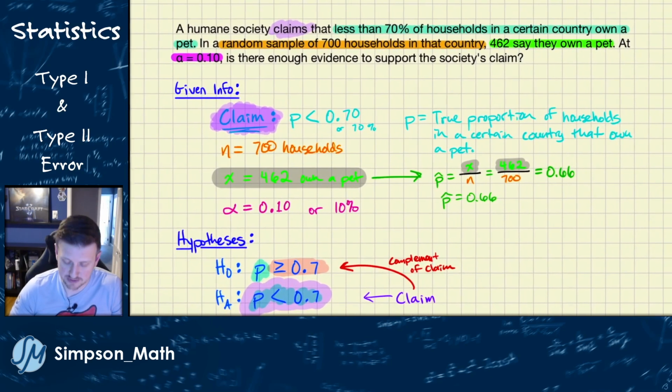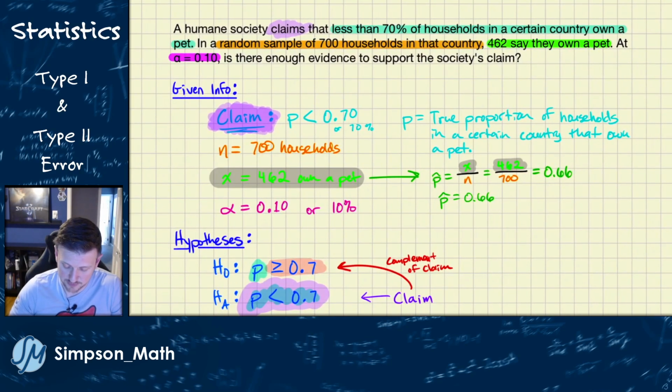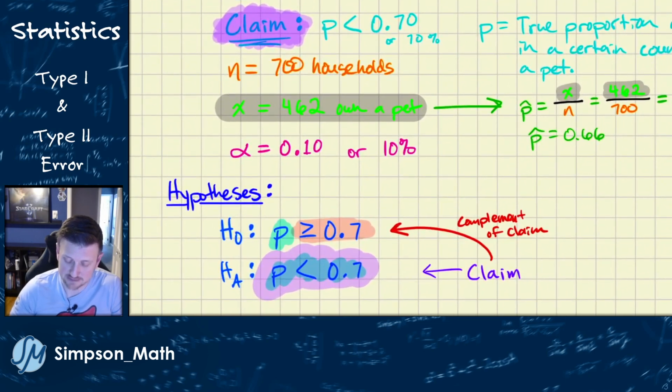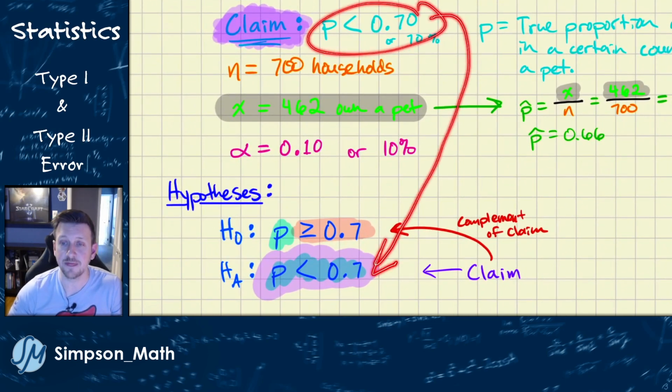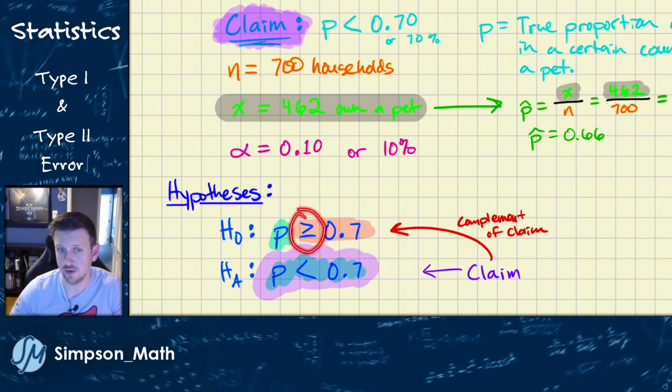All right. So I'm going to go ahead and jump the gun a little bit. Since this is my less than, and that less than is my alternative, the complement to that would be something that is greater than or equal to. So my null here is greater than or equal to 0.7. Now, if my face-to-face class or my business stats or someone else, maybe in AP stat land, is watching this, we don't say this. We don't say greater than or equal to.